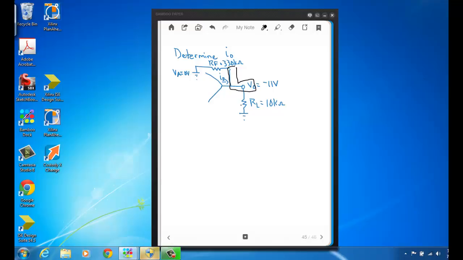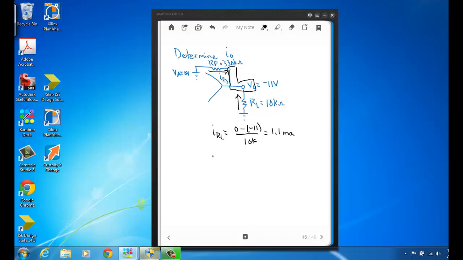So this current through the load resistor, since there's ground on the bottom side and minus 11 volts on the top side, is going to be flowing like this. And likewise, the current through RF is going to be flowing from ground to V out where minus 11 volts is. So IRL is just going to be 0 minus 11 divided by 10K, and that comes out to 1.1 milliamps.